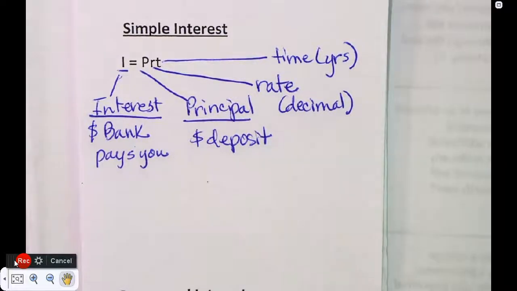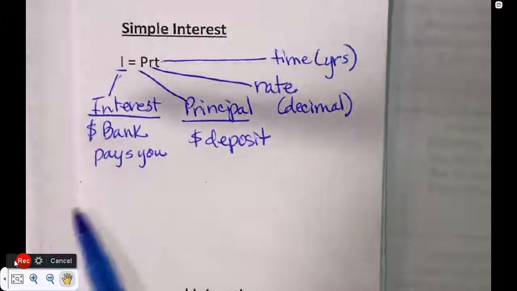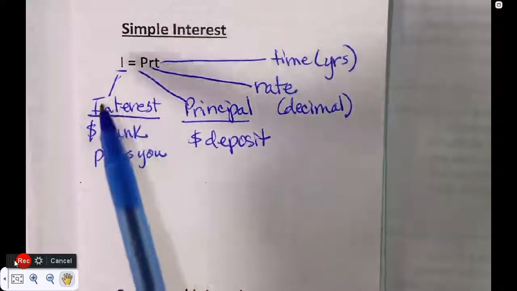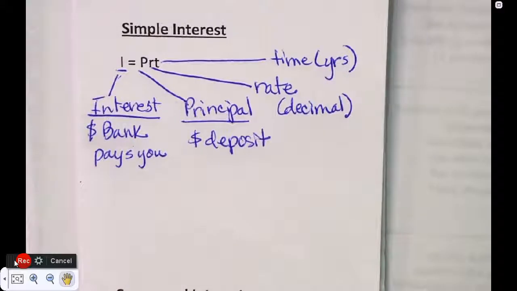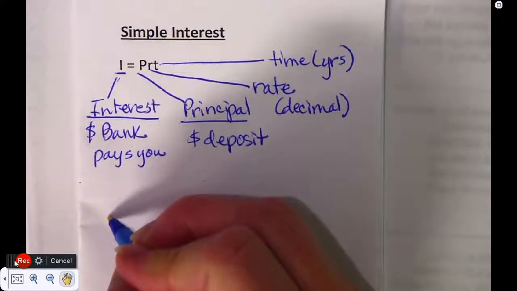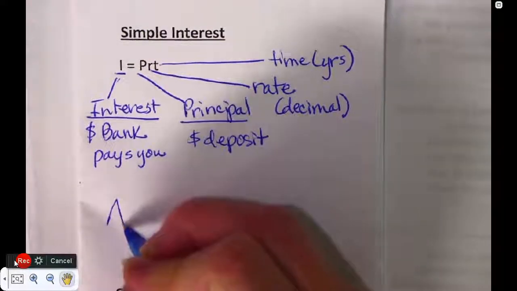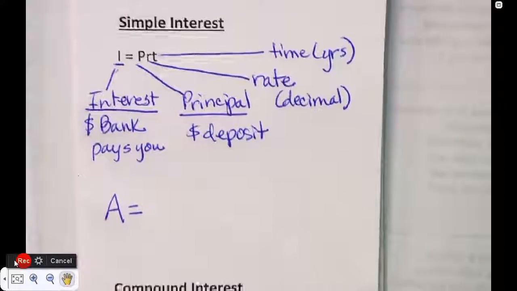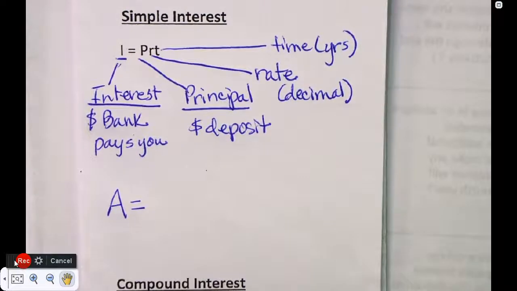All right. So, let's say that you put some money in the account. This formula is just going to give you the interest that the bank pays you. So at the end, when you decide to get it out or you're looking at a statement, the amount that you have in your account is going to include what?